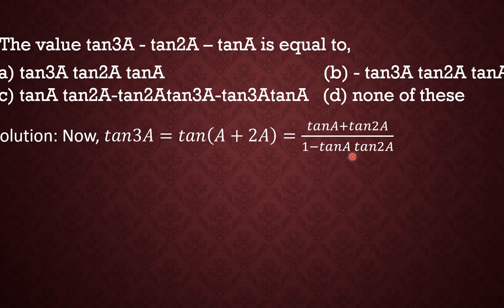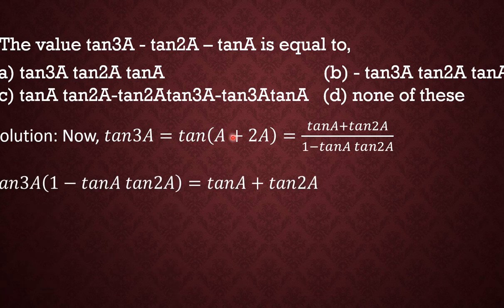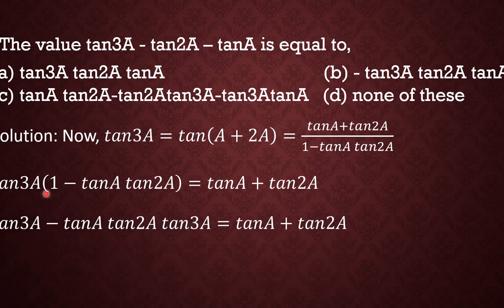So for that I will cross multiply here. Tan 3a into the denominator is equal to the numerator term, tan a plus tan 2a. If I multiply each term by this tan 3a, you will get tan 3a minus tan a into tan 2a into tan 3a. So that's equal to tan a plus tan 2a. Rearrange the terms, you will get the value.